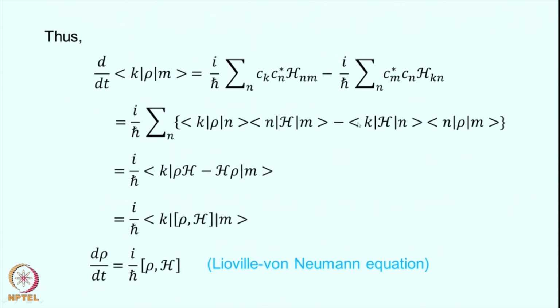And minus i by ħ, once again in the summation, we have C_m* C_n, written as ⟨n|ρ|m⟩. These are coefficients, so we can move them around: we keep H_kn here, and write this one as ⟨n|ρ|m⟩.